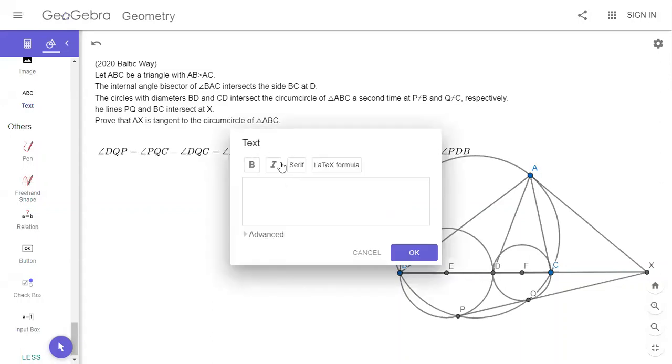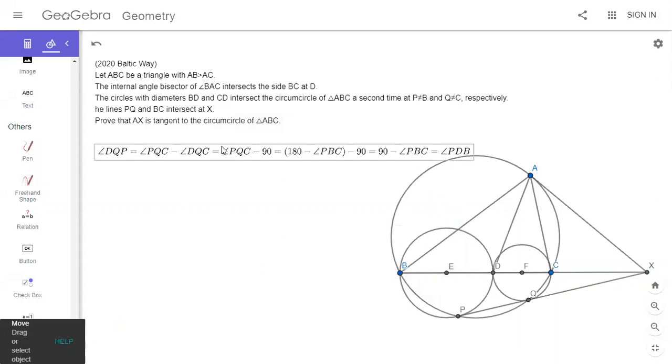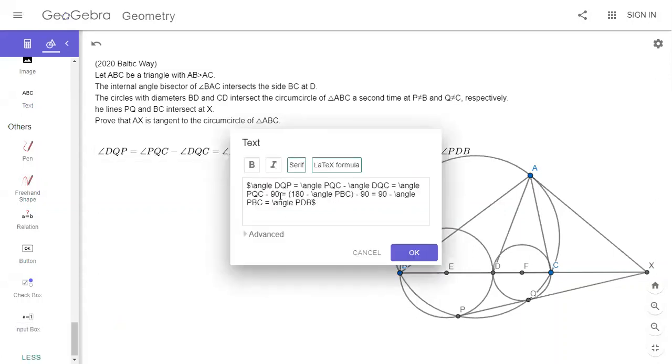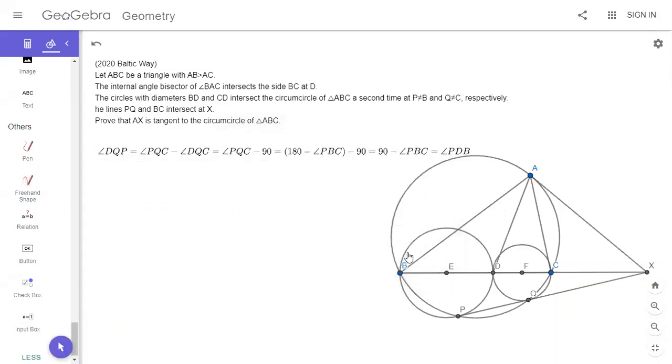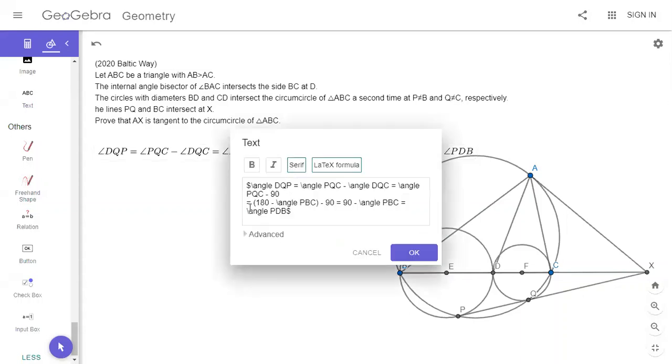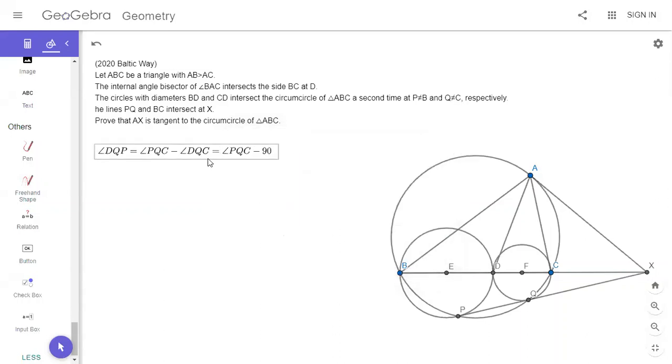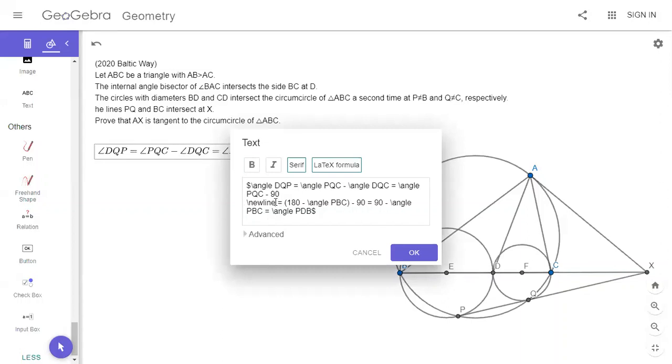See if that fits. Let me break it up into two lines. Whoops, that didn't work. How do I break this up? See if that works. Tricky.